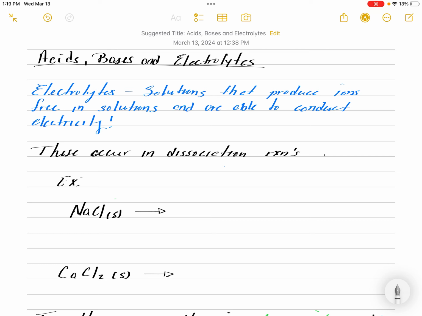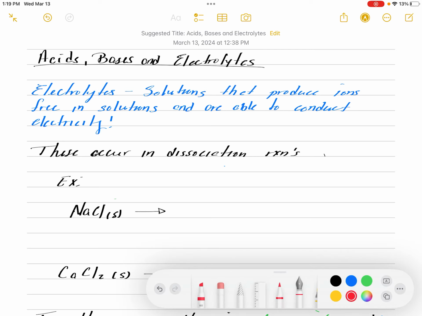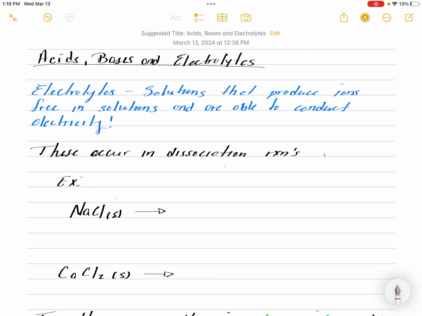So how does this happen? Well, let's take a look at a couple of dissociation reactions. Now, these are pretty straightforward. When we have an ionic compound, right, what we have is a solid like NaCl, which is sodium chloride. And when that dissociates, what that means is that it separates, right? It separates into its two respective ions.